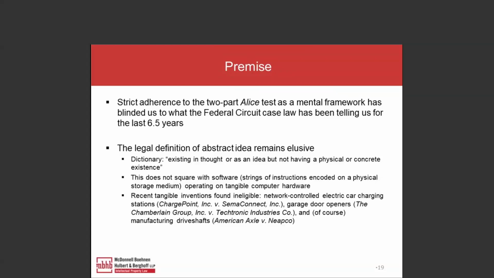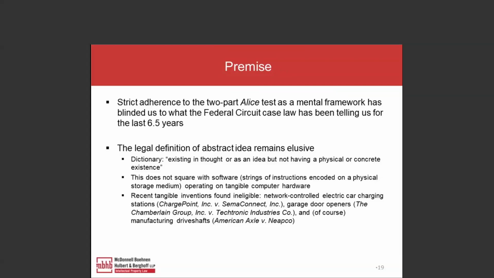But really, if you look at what the Federal Circuit has been saying about inventions whose patent eligibility it has considered over the last 6.5 years, you will find that there are three things that they are actually looking for. Those three things just don't really pop up as part of the two-part test. All right, so I'll get to those in a second.